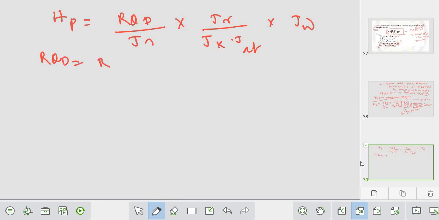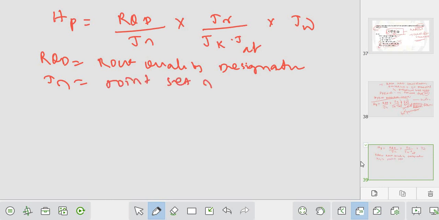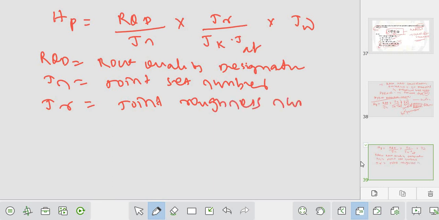RQD क्या होता है, अभी बताया था, रॉक क्वालिटी डेजिग्नेशन. JN क्या होता है, जॉइंट सेट नंबर. JR क्या होता है, सारा बता चुका हूं, है ना, जॉइंट रफनेस नंबर.